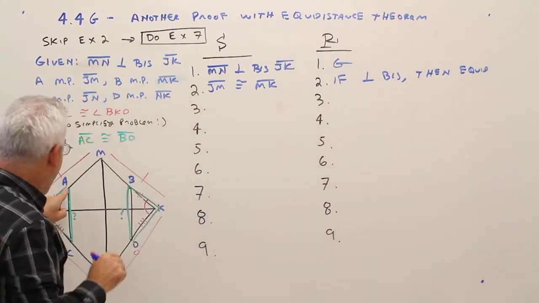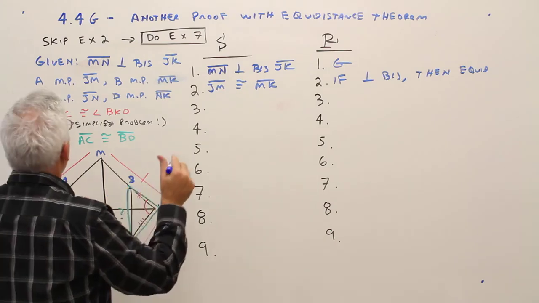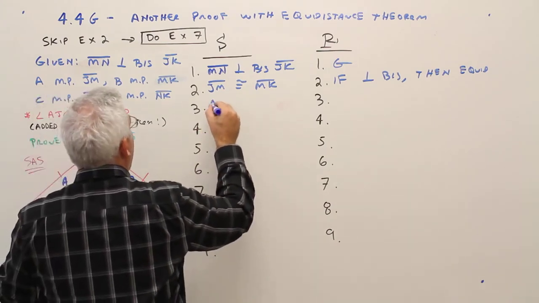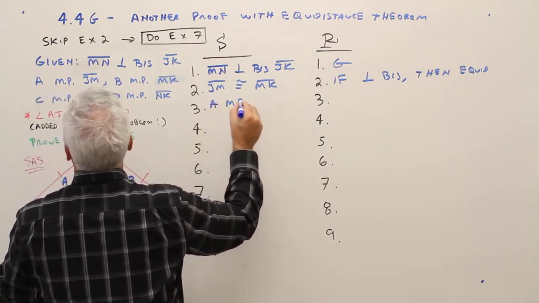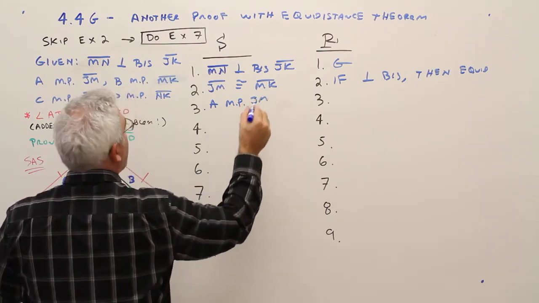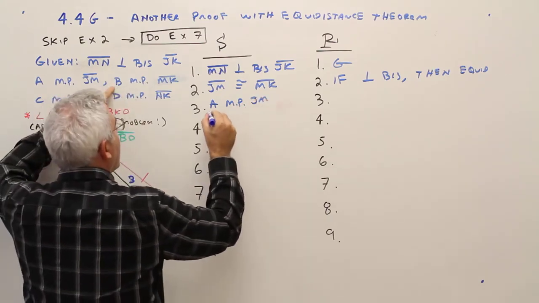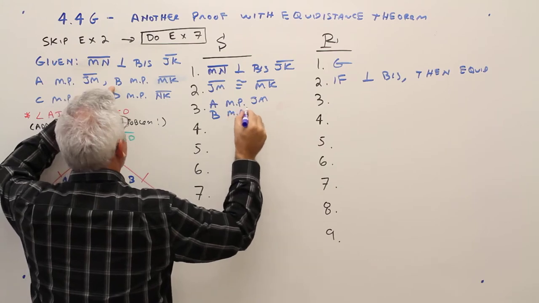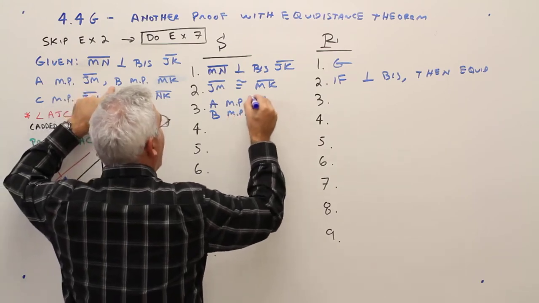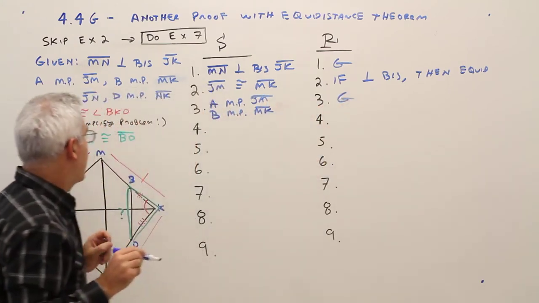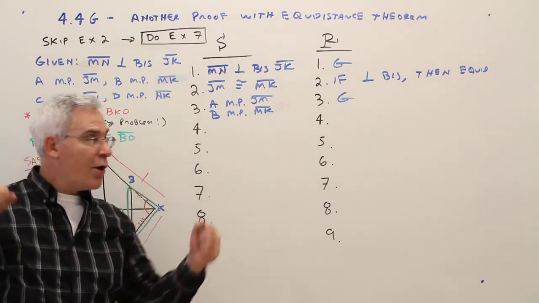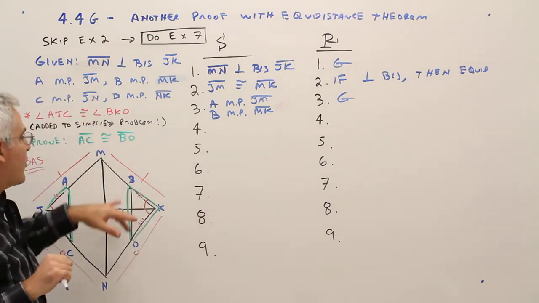Okay, then I'm going to state my midpoints. So I had A is a midpoint of JM, and I had B is a midpoint of MK, given. And again, those are across the ocean. So I've got big things, chopping in half.